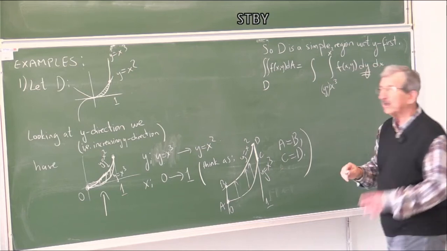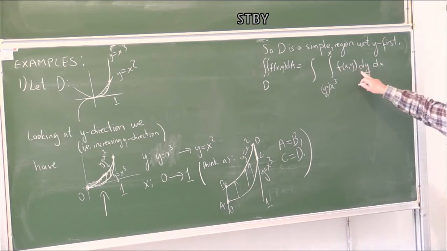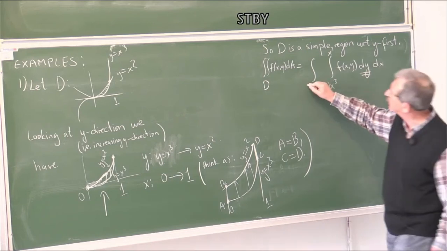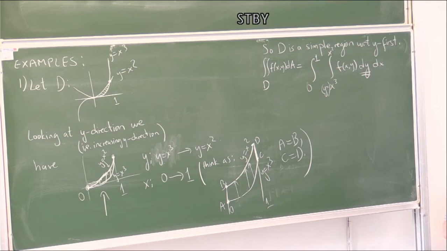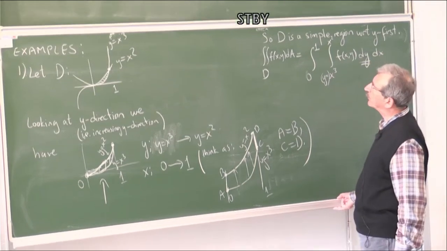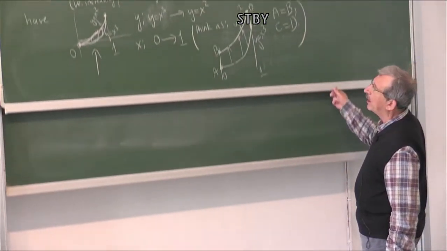These must be y equal to, because they are boundaries for y. In the meantime, x changes from 0 to 1. And if we know f, we can calculate this directly.